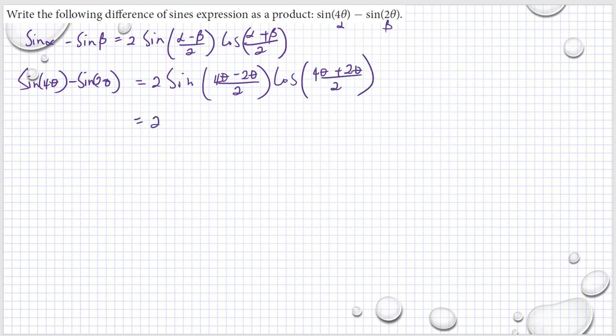And then we have 2 sine 2 theta over 2, so we have only theta here, cosine 6 theta over 2. Then we have 3 theta.